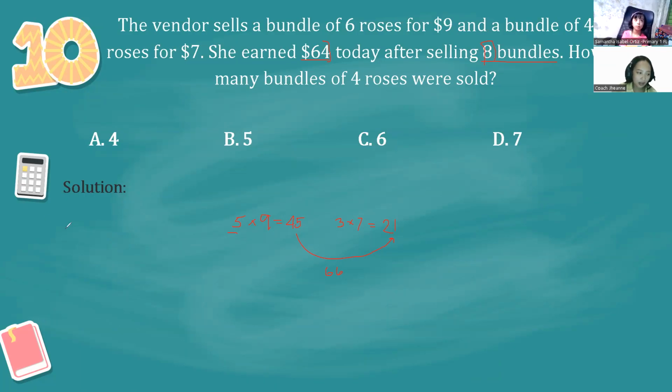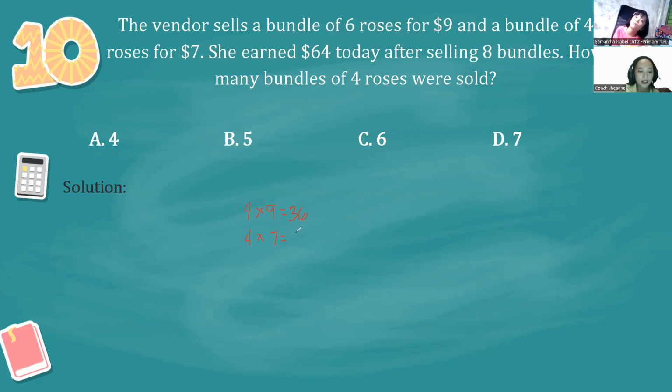So let's try 4. 4 bundles of 6 roses for its price of $9. That is 36, plus 4 bundles of 4 roses for a price of $7.